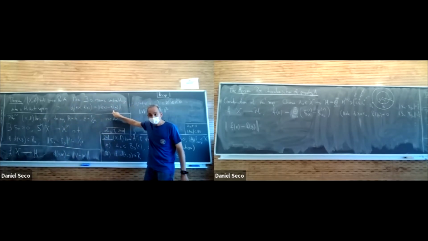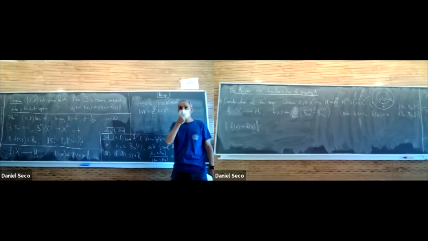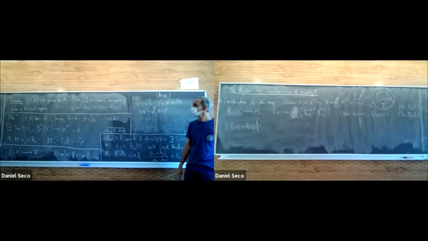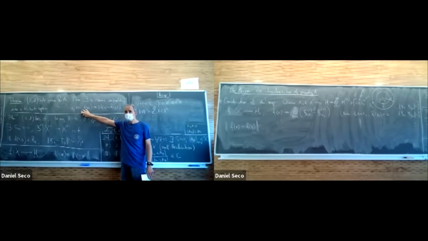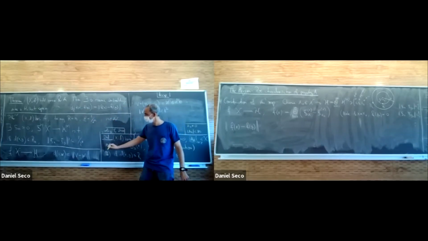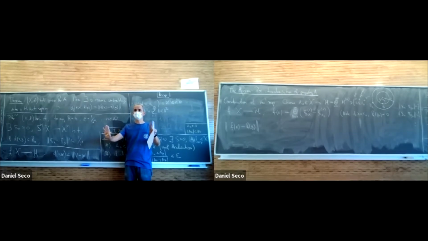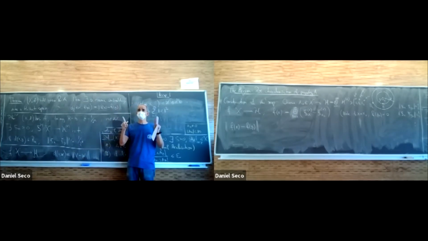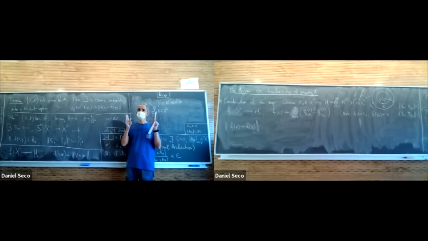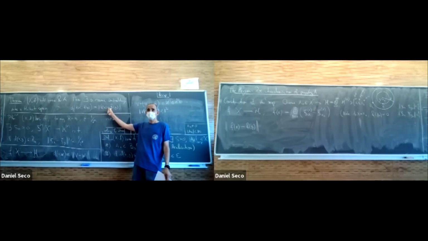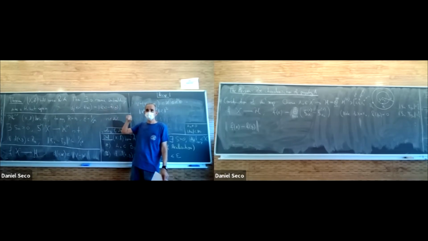If this is going to qualify as a quasi-isometry-like map, the distance in a Hilbert space is this one here. So the distance between two vectors is the square root of the scalar product of this difference. This is my distance in a Hilbert space, so this I have to bound by the distance in the metric space. That's my aim.